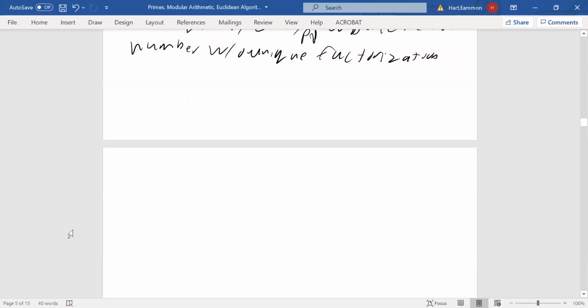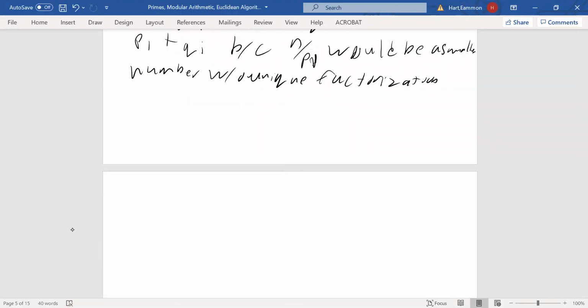So now, therefore, Qi is going to be equal to, we'll call it, Ri plus P1 times Ai.